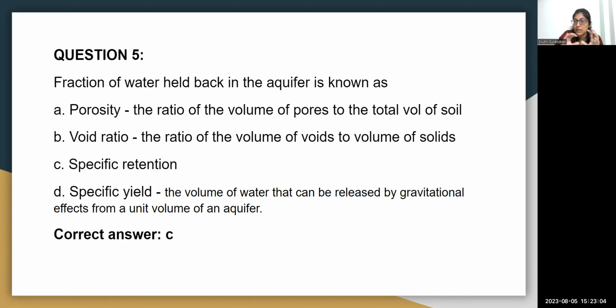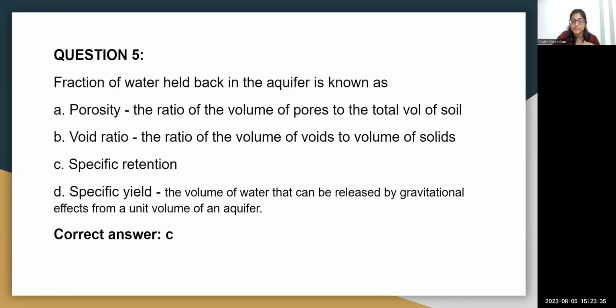So when you estimate the volume of pores in this 1 meter cube of soil sample and divide it by the total volume of the soil, which is 1 meter cube here, that ratio is what is called porosity. So porosity is nothing but the ratio of the volume of the pore spaces in that soil sample to the total volume of the soil sample.